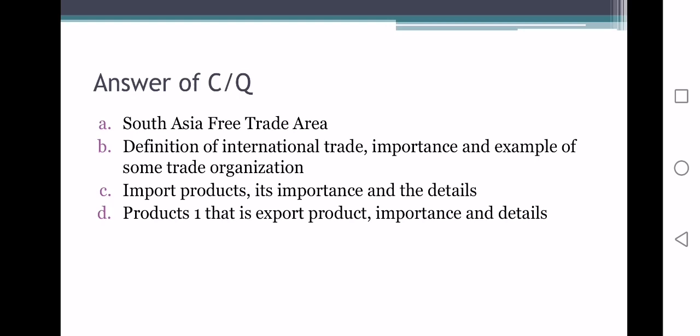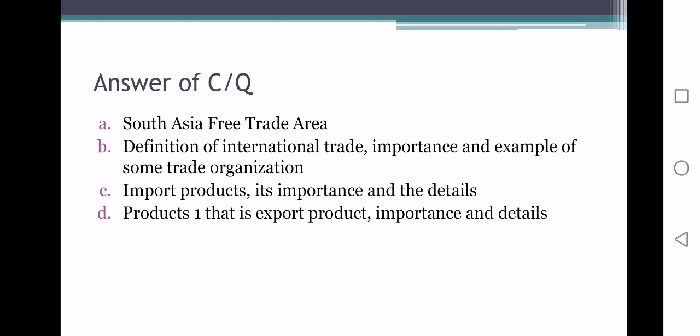But I'm telling you about the way of answering this question here. First, you can say the products given in the stem are import products of Bangladesh.